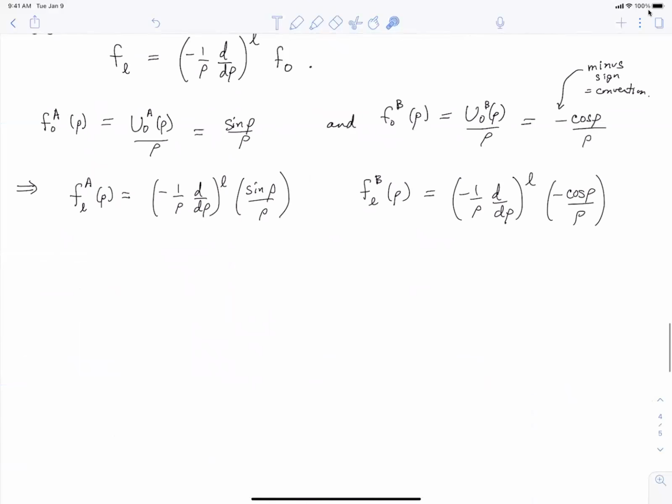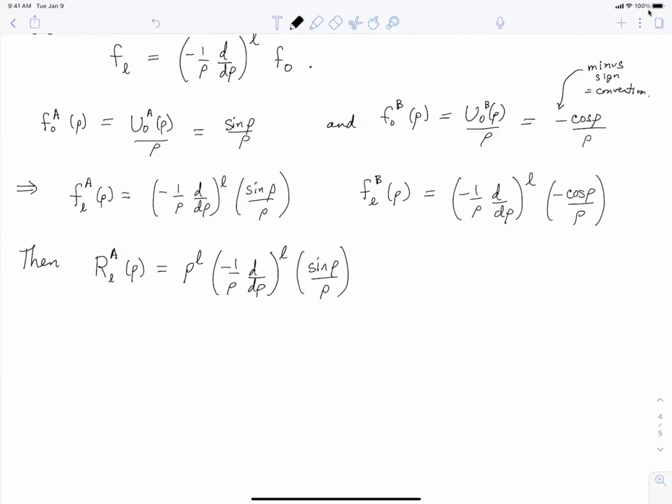And so just for the record, let's do that. So then the radial wave function for angular momentum L A solution is equal to rho to the L, minus 1 over rho d by d rho to the L, sine rho over rho.